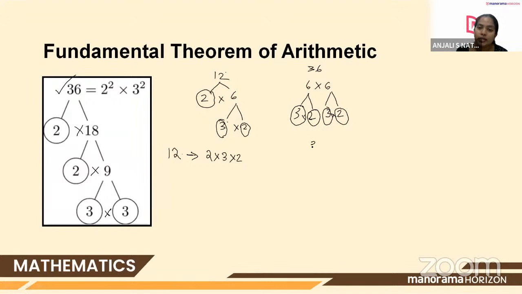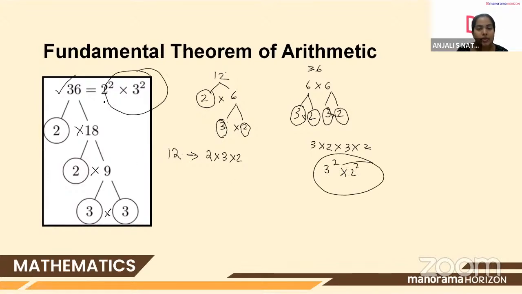So what are the factors? 3 into 2 into 3 into 2, that is 3 square into 2 square. Look here, the answer is C. So this is a unique way. We got only these prime factors for this composite number. So that is basically the fundamental theorem of arithmetic.